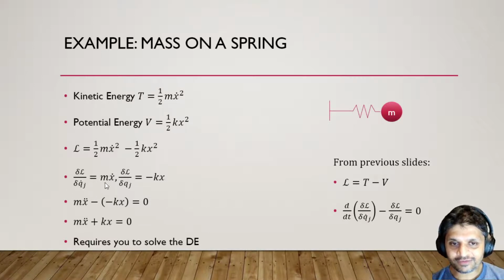Then we have to take this term and take the derivative with respect to time. So where we had m x dot, it becomes m x double dot. Now this entire equation becomes m x double dot minus kx equals 0. So m x double dot plus kx equals 0.